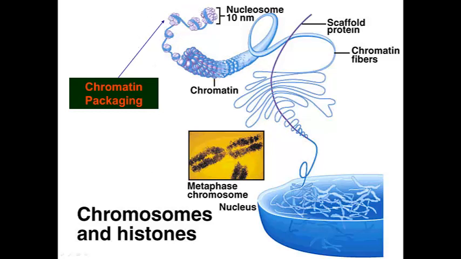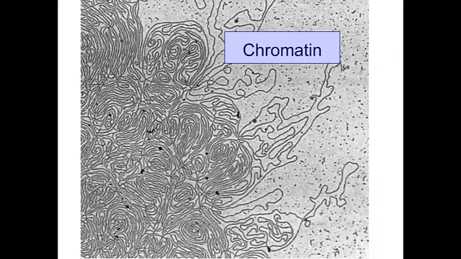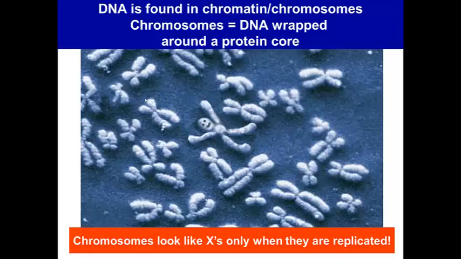They make it more condensed and they make it not so that it gets broken or tangled. So they sort of just act to organize and pack the DNA so that it saves space. So here's a picture of chromatin in the nucleus. It's just all tangled up, long threads. They haven't been condensed into chromosomes yet.